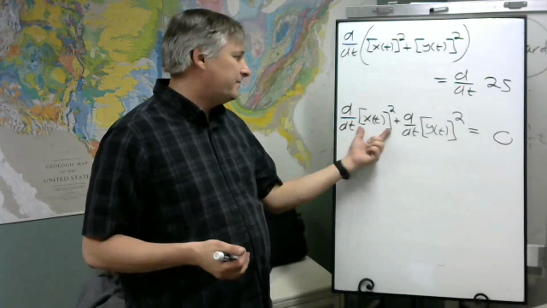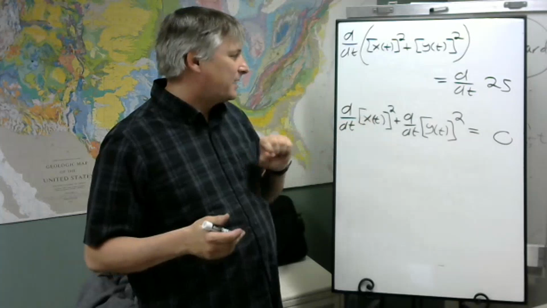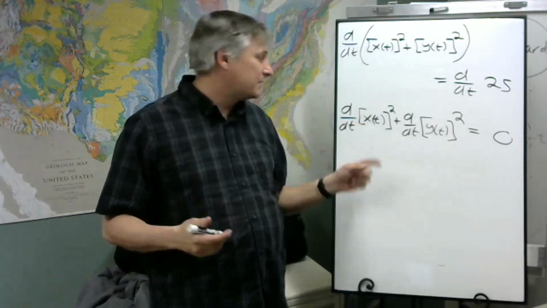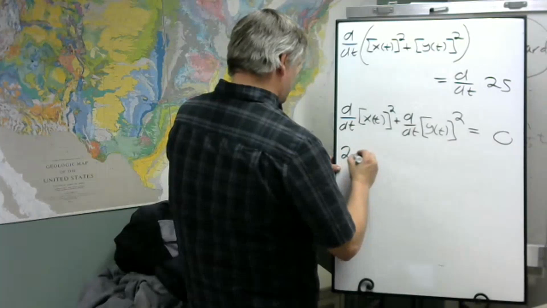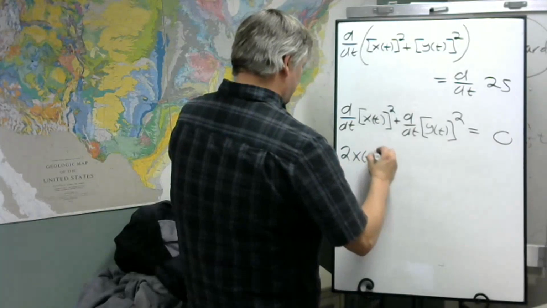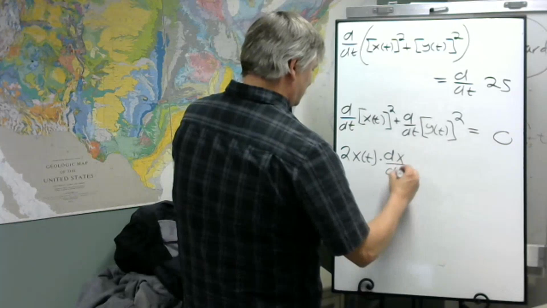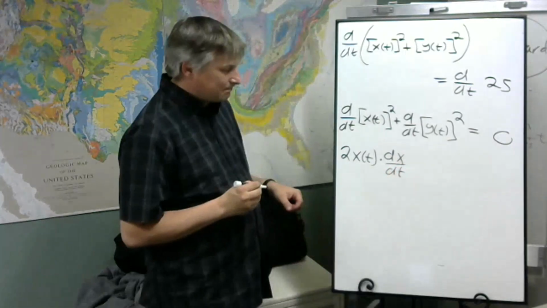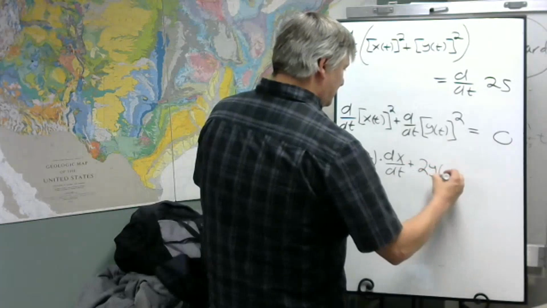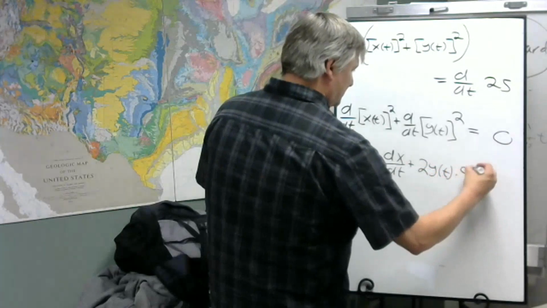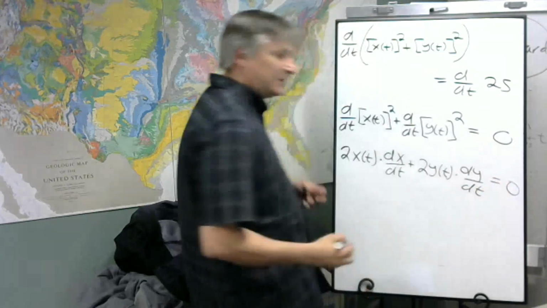So we take the derivative of the, say, like the x squared function, leaving the inside here, and then we multiply that by the derivative of this x function. So 2x of t times dx dt plus 2y of t times dy dt is equal to 0.